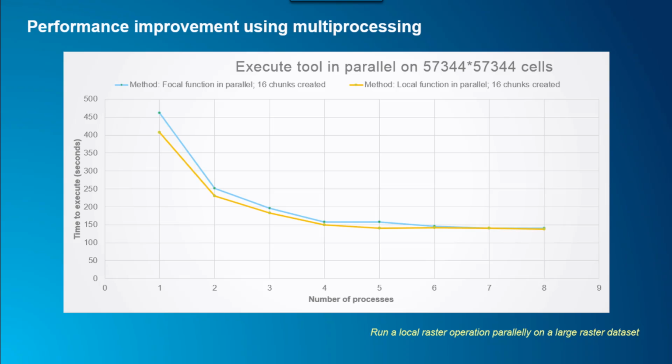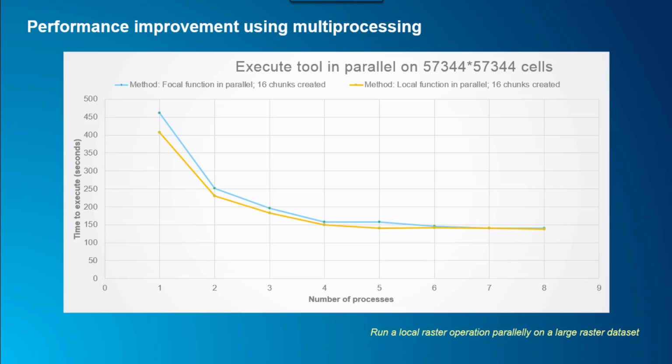The moment you divide into 2 pieces, it comes down to 250 seconds. Boom, almost half. You send it to 3 processors, suddenly it's below 200. You send it to 4 processors, it's 150. You see how drastically the time is changing?